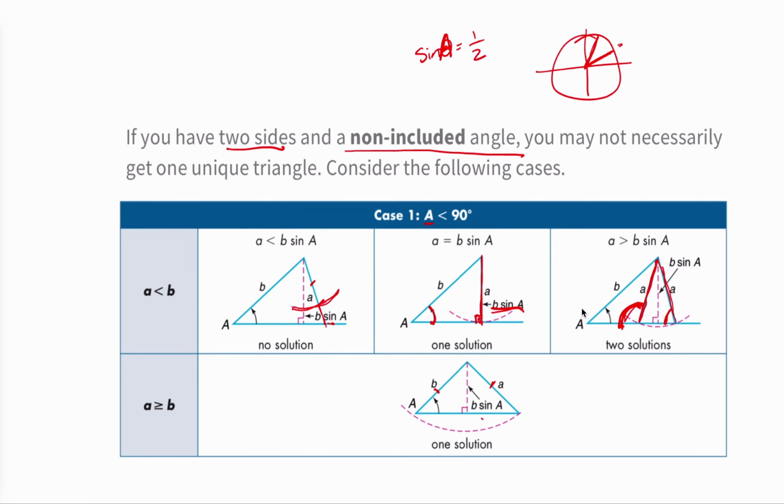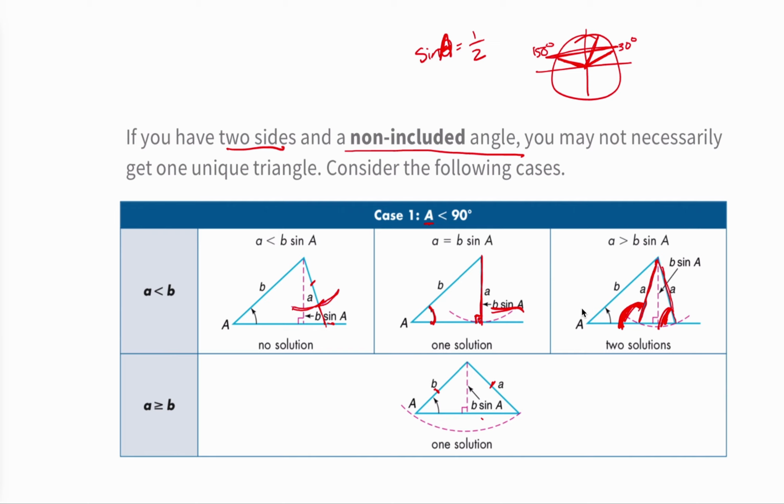It could be here at 30 degrees, but it could also be here at 150 degrees. There are two places on the circle that have the same y-coordinate and therefore have the same sine. So under certain situations, you have two different angles that have the same sine.